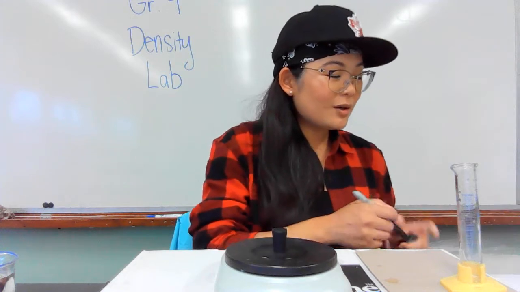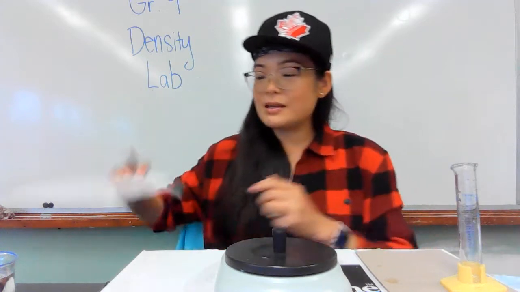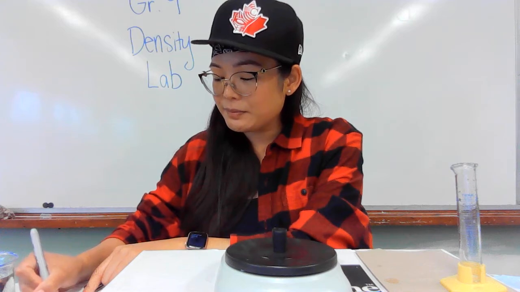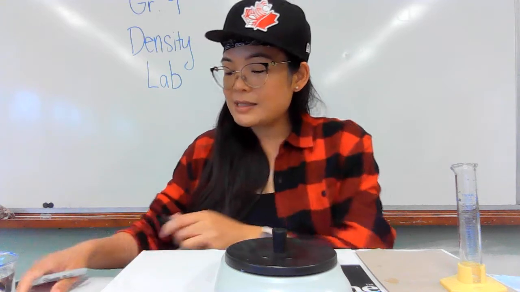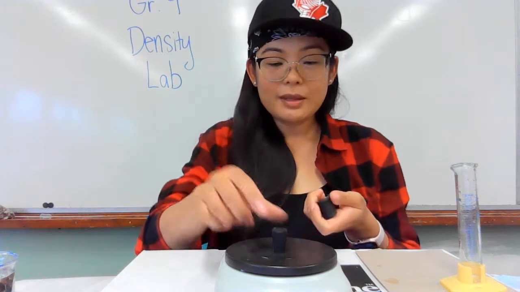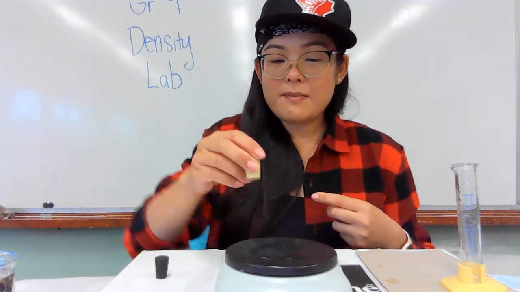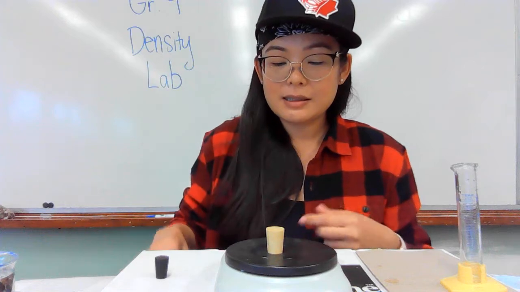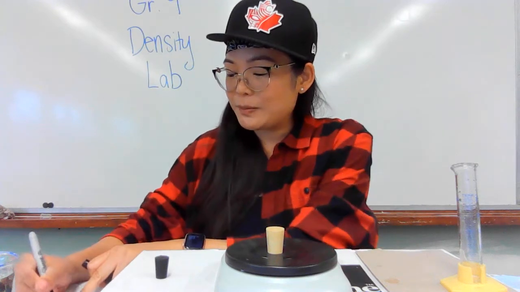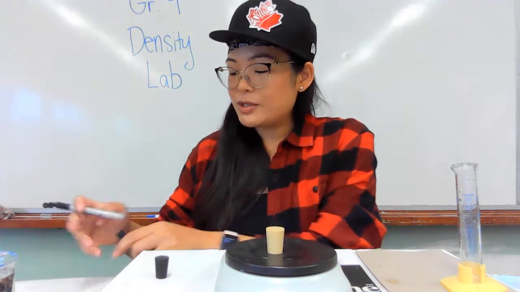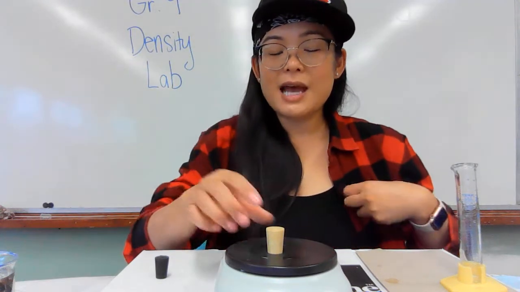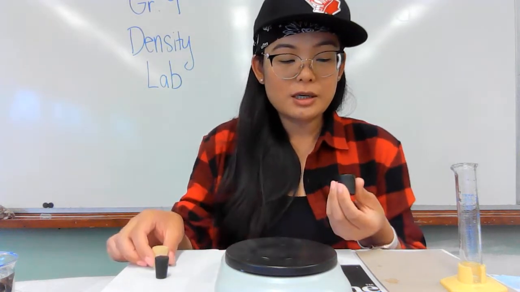6.8. So you're going to write 6.8 for the mass of a rubber stopper. And that's size 0. For size 2, the mass is 7.2. 7.2 grams. So go ahead and write that down in your observation chart.